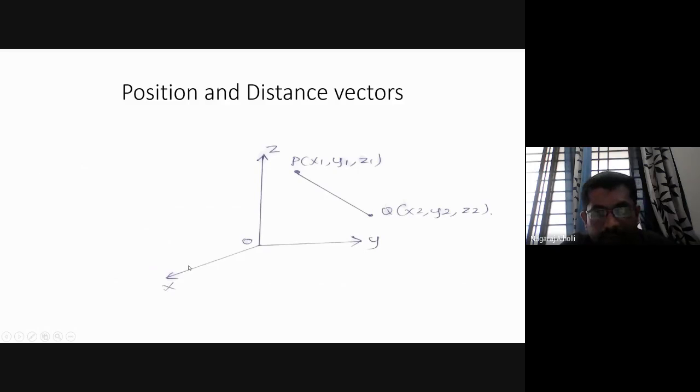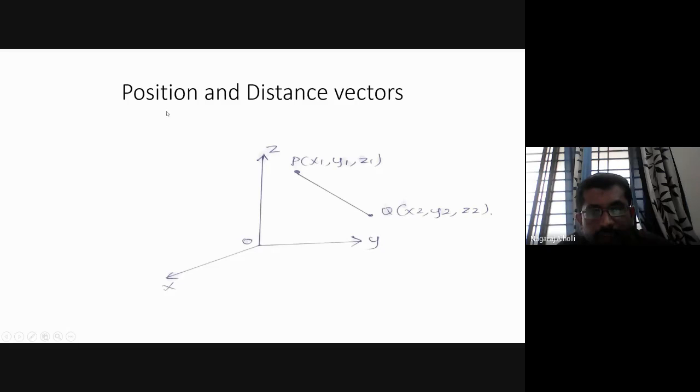Here we are considering 2 points. One is P, which has the coordinates x1, y1, z1. Another one is Q, its coordinates are x2, y2, z2. If we are considering these 2 points, what is the distance from P to Q? That we are supposed to find out here.